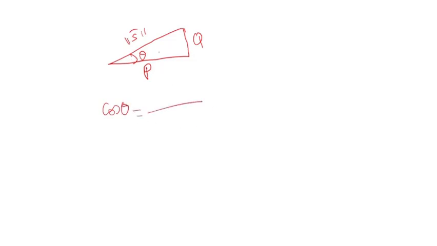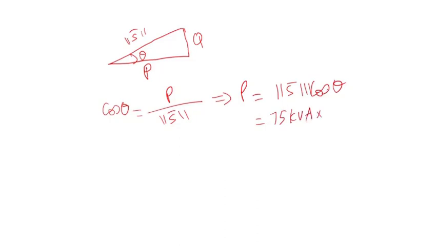Cosine theta is equal to the adjacent side, which is P, divided by the hypotenuse, which is S. So P is equal to S times cosine theta, which is the power factor. So P is 75 kVA, which is given, times 0.85, the power factor, which is given. So I get 63.75 kilowatt.